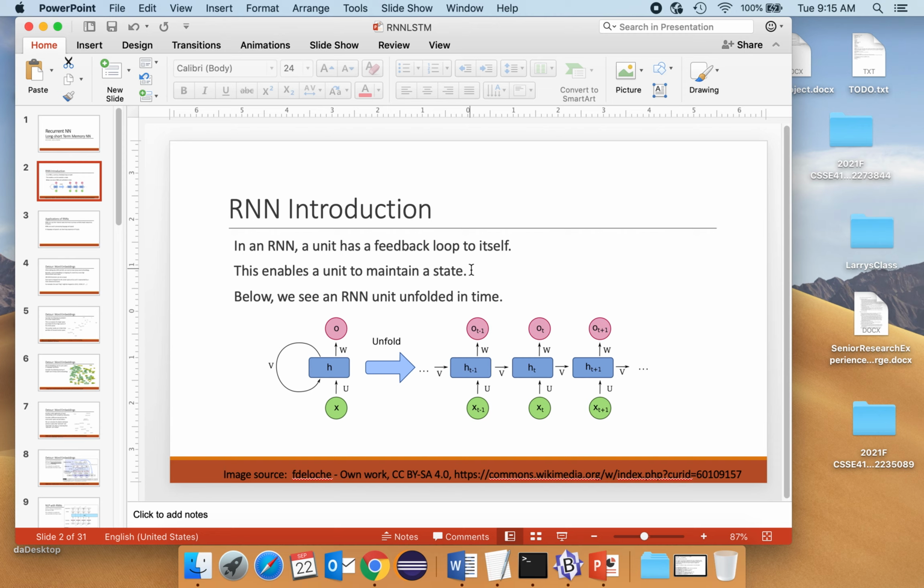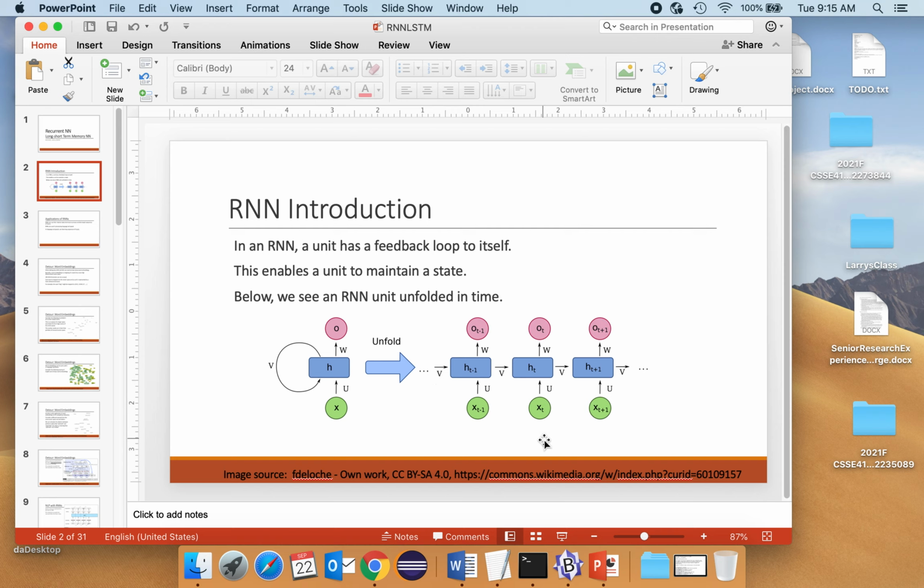So what we can do then is unfold this unit in time. We see some input vector at time t-1, a prior state, which might be a random state from initialization, and an output that we produce. So we have an input matrix U, an output matrix W, and then a matrix V over here.